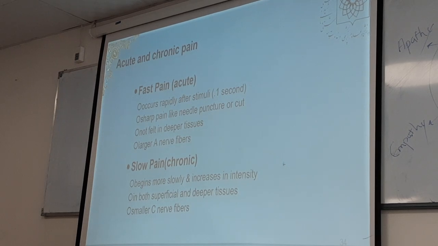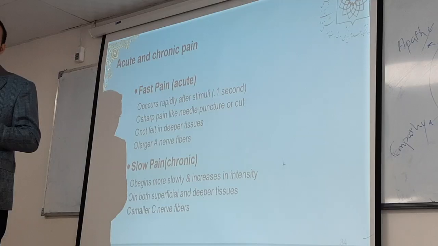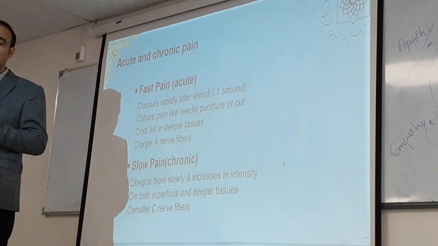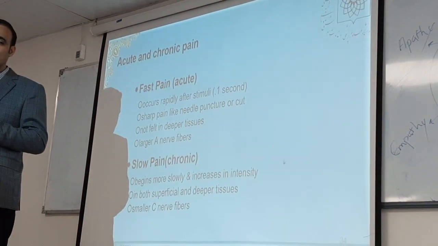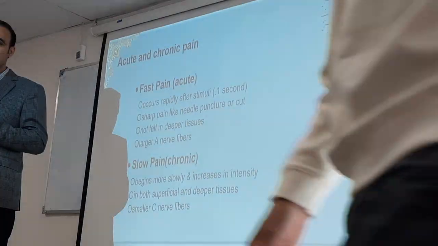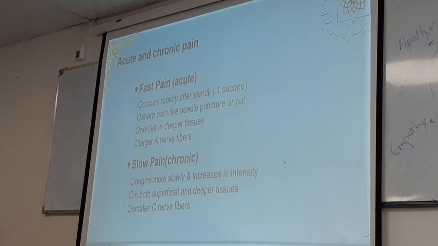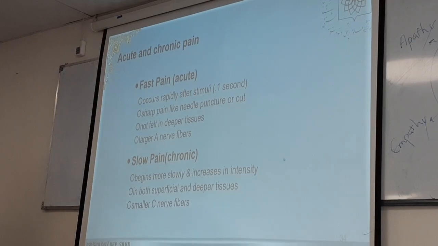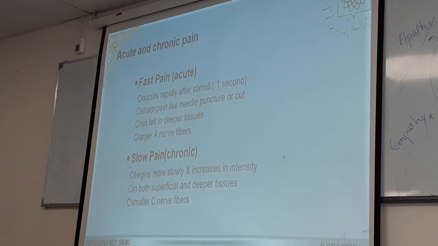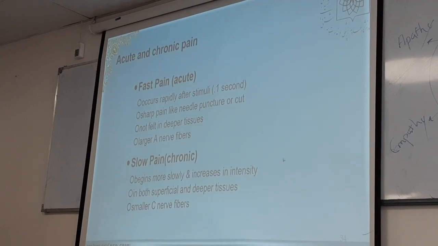You see that the fast pain uses larger myelinated fibers to conduct the information. Therefore, they send the information a little faster.